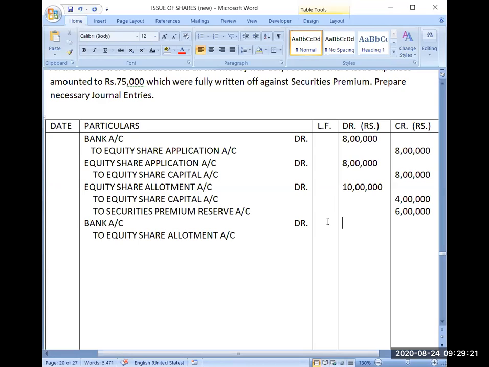Now you will receive 10 lakh or 4 lakh or 6 lakh. Which amount will you be receiving out of these 3 amounts in the due entry?